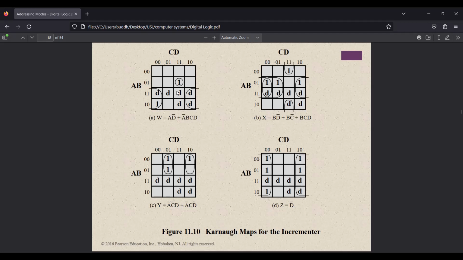I think we can circle the ones, right? I will explain the whole thing in the next tutorial session. The answer should be like this. So this is W, X, Y, and finally Z.